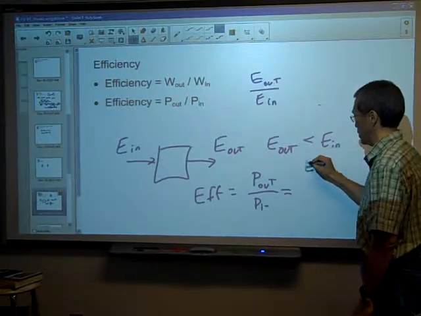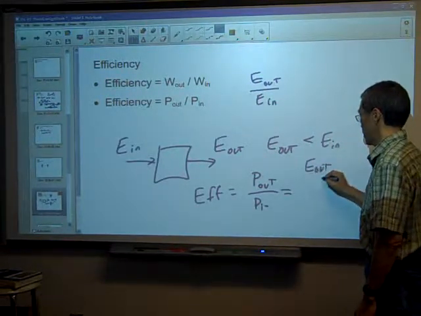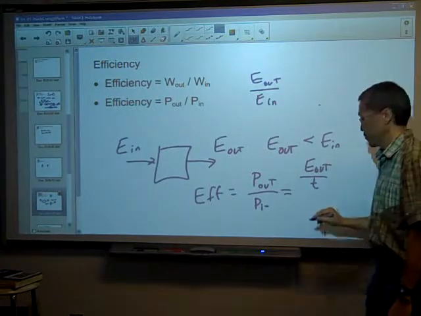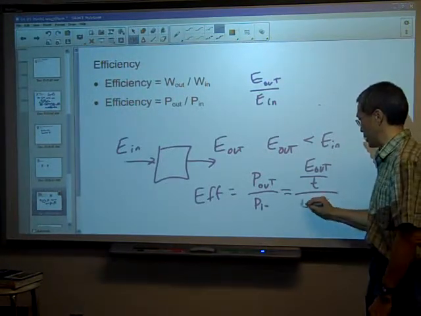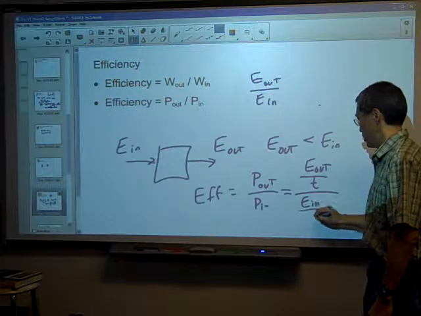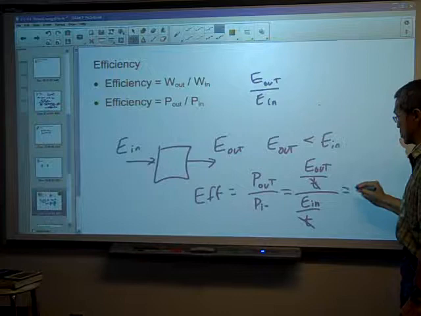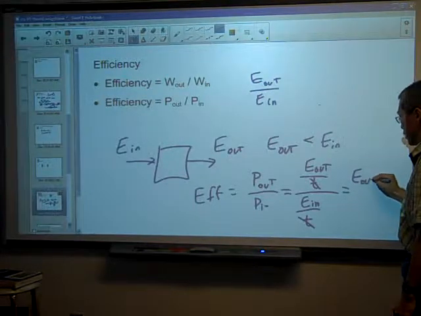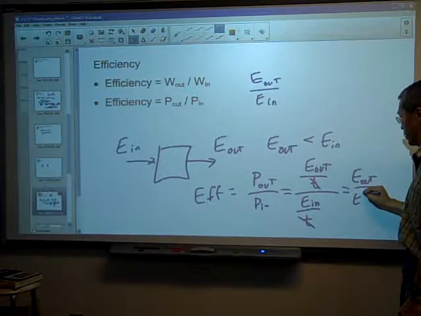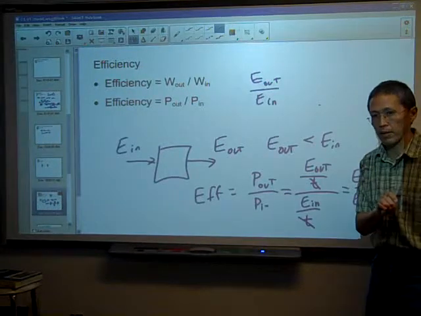That's the same as our energy out per time. And if I divide that by my energy in per time, times go away, so this is still energy out over energy in. Okay, that's efficiency.